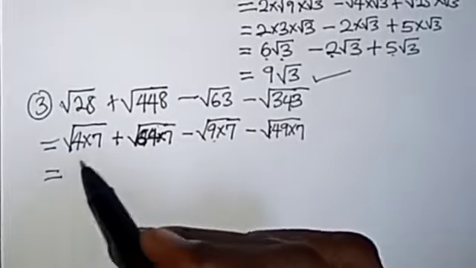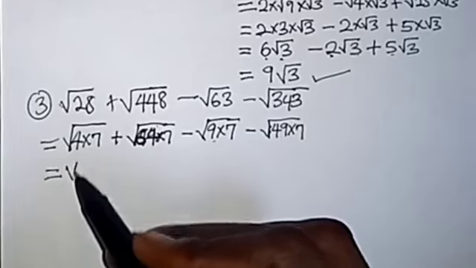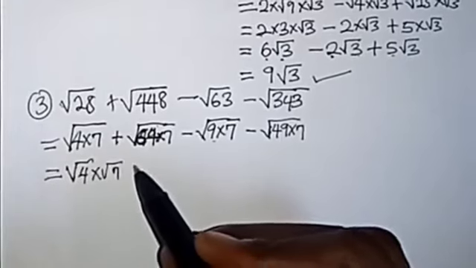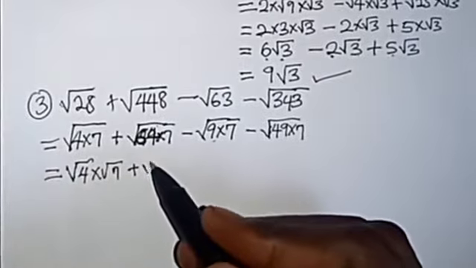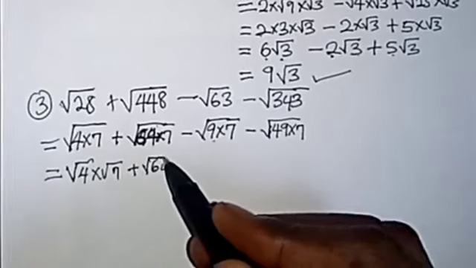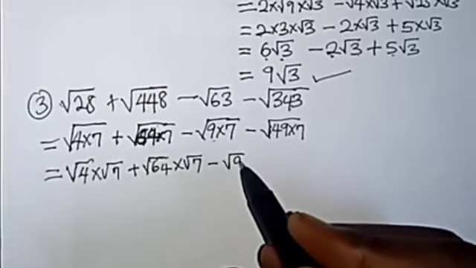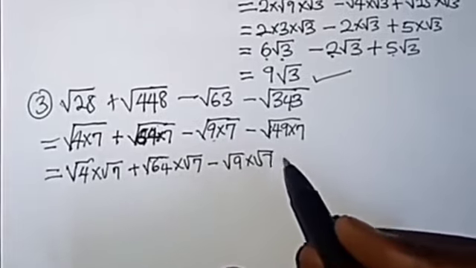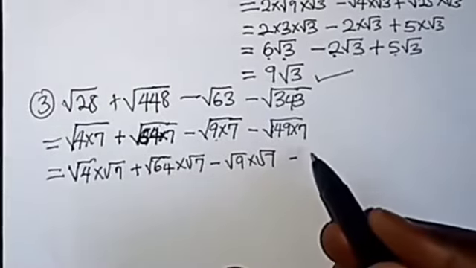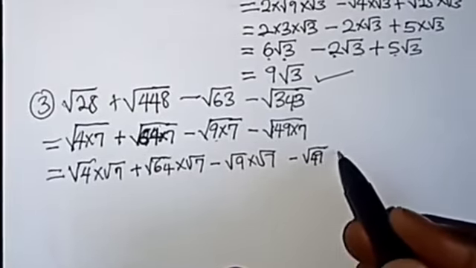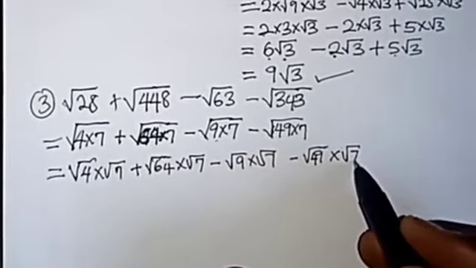Now if you observe here, this can be written as square root of 4 times square root of 7 plus square root of 64 times square root of 7 minus square root of 9 times square root of 7 minus square root of 49 times square root of 7.